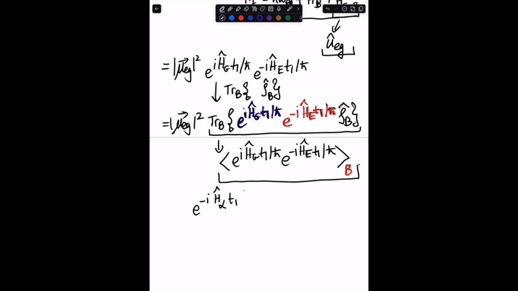Alpha in this case can correspond to g or e, or if you have a system more complicated than your two-level system, then alpha can refer to some other state as well. So let's say I pull out the system energy of state alpha. That would give you e raised to the power minus i omega alpha g t1.